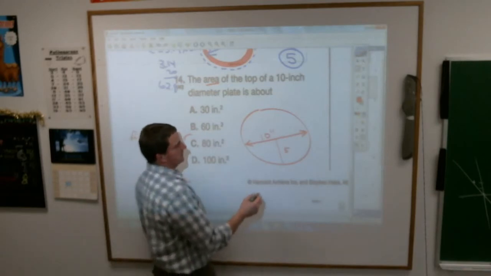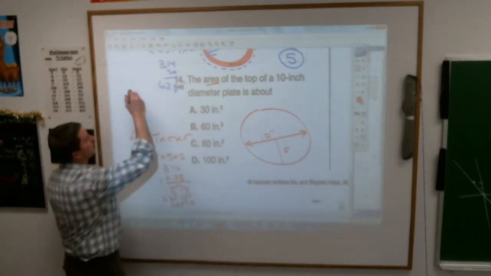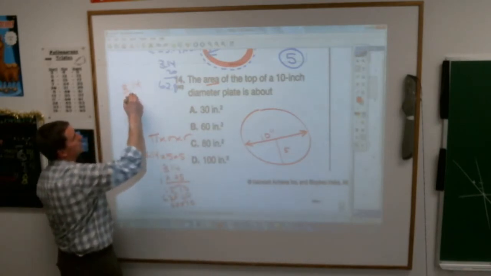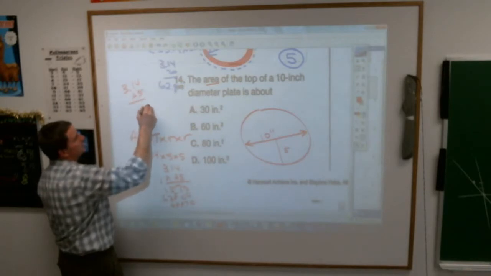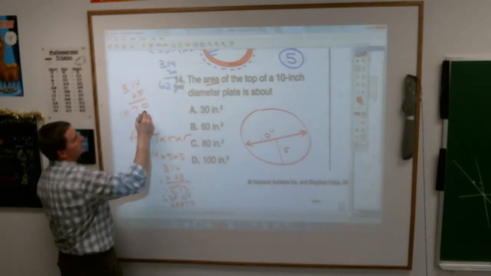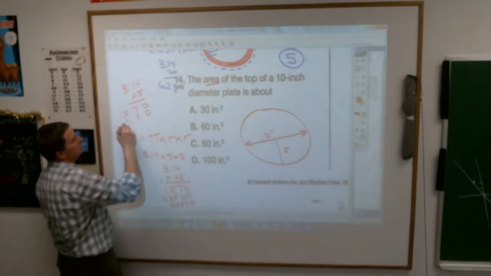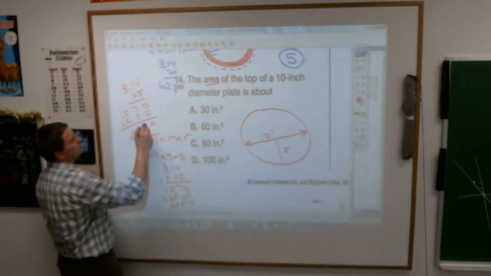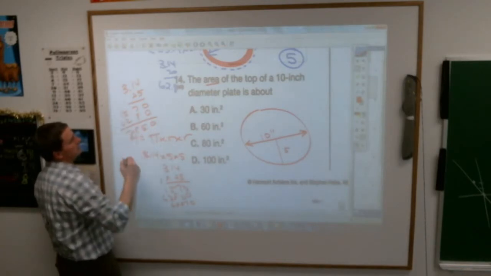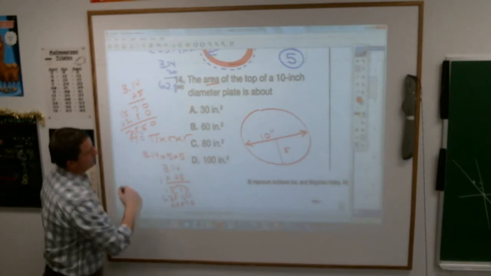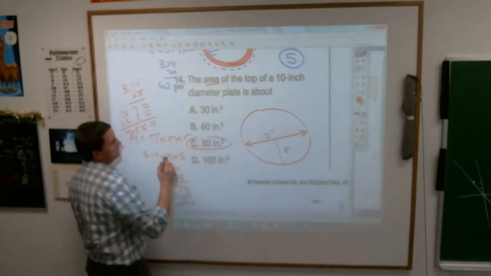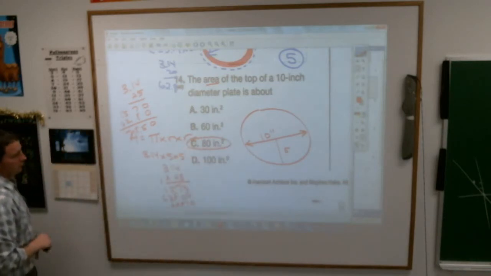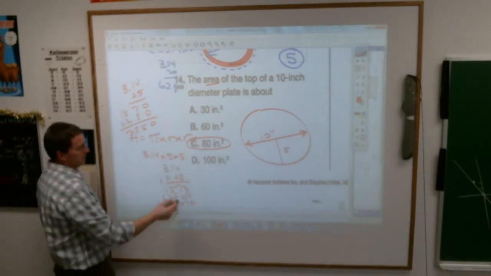Let's take my time. 3.14 times 25. Put a 0 down there. The answer is 78.5, which is close to 80.